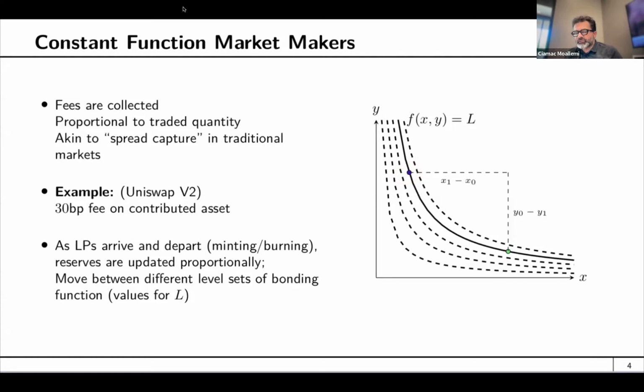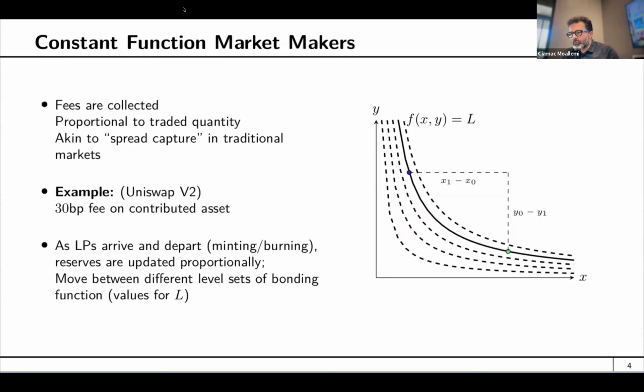When additional liquidity is provided, we move to a different level set. The value of L would increase, for example. Similarly, existing liquidity providers may decide that they no longer want to provide liquidity. They would withdraw their pro rata share of the assets in the pool, and that would correspond again to moving to a different level set, perhaps decreasing the value of L in that case.